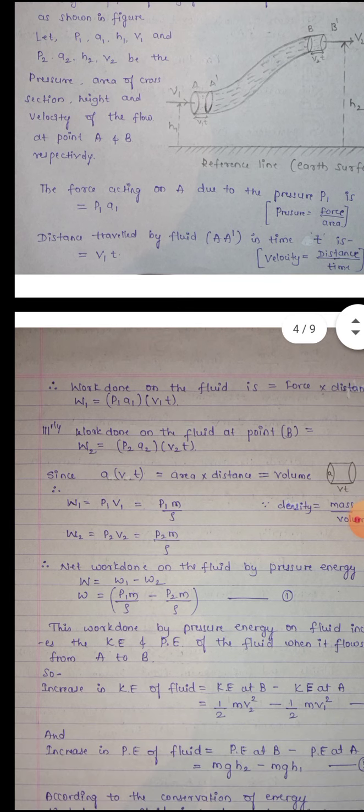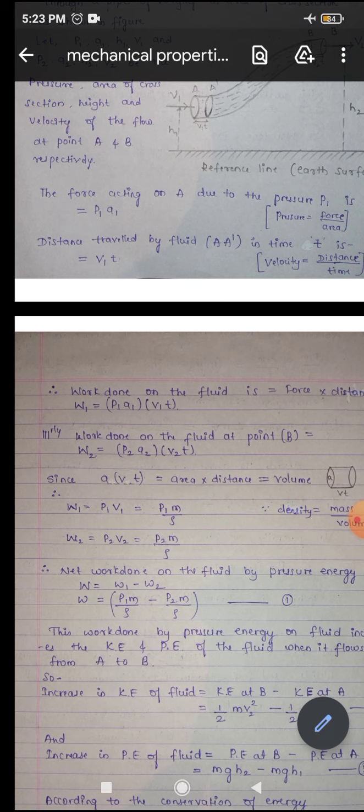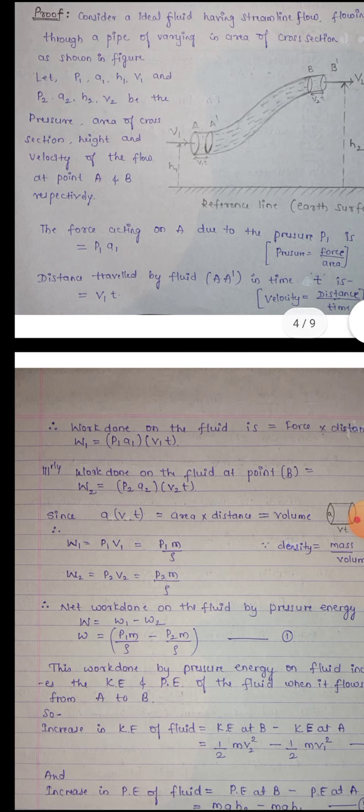So when we apply pressure at this end A, that is the work done by pressure on a fluid at point A, and that will give rise to the increase in the kinetic energy and the potential energy, because initially when it was at point A, the kinetic energy was 0.